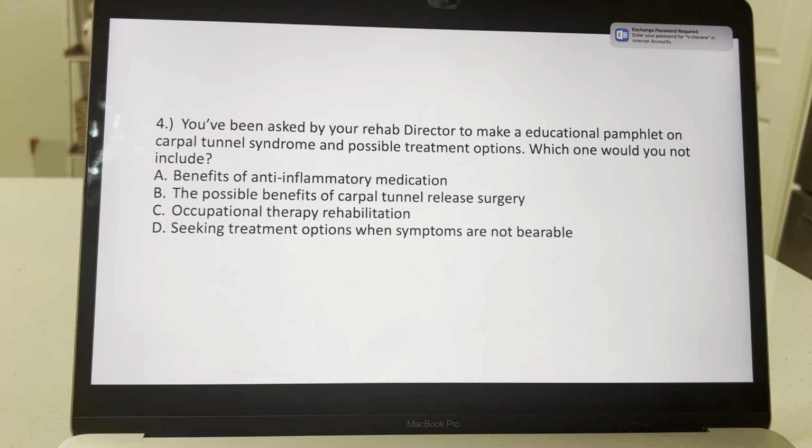Okay, so the answer here, although we do not prescribe medication, we can always talk to the physicians or the physician assistant and just ask if they've thought about that. Sometimes these things slip through the cracks, but you want to be looking at D, some kind of anti-inflammatory that can help the patient with their symptoms of pain, discomfort, inflammation.